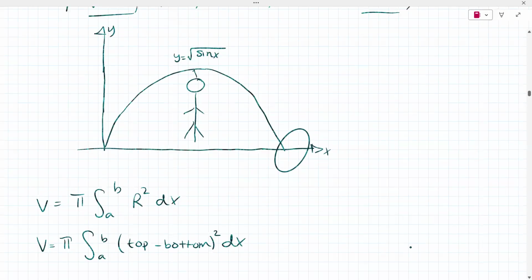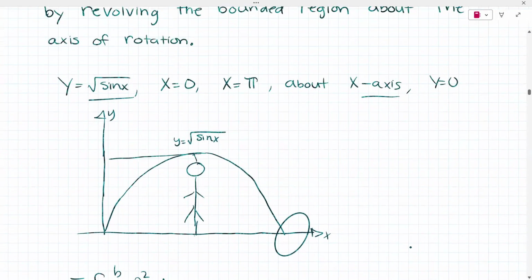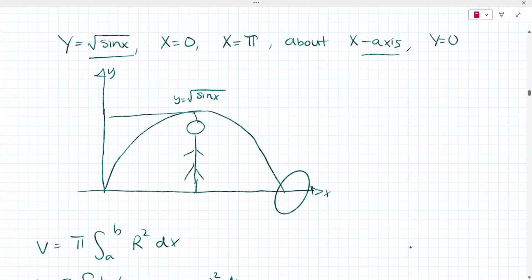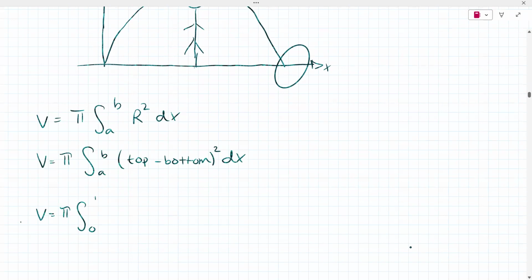So we're going vertical, so our lower in terms of y is 0. And then what is this y value? I think it would be pi. Yes, from 0 to pi. So our upper boundary is pi.